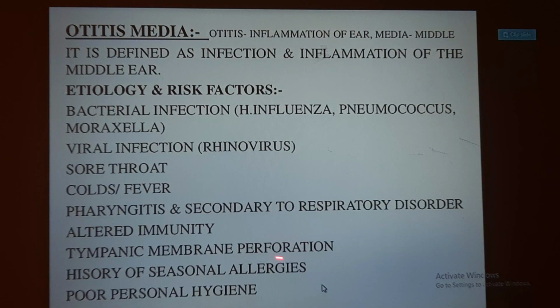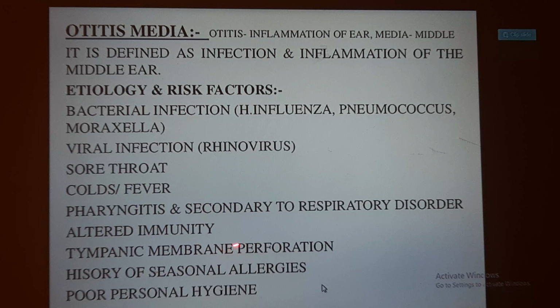The word perforation means the upper layer of the membrane will get ruptured, eroded or torn, and from the torn part there will be bleeding and infection occurs.